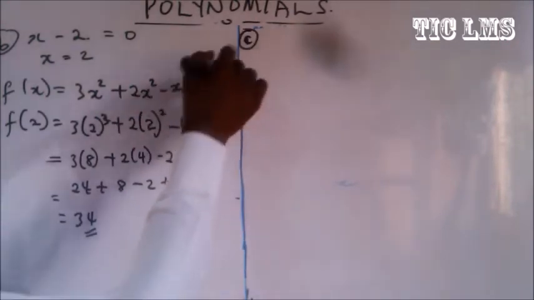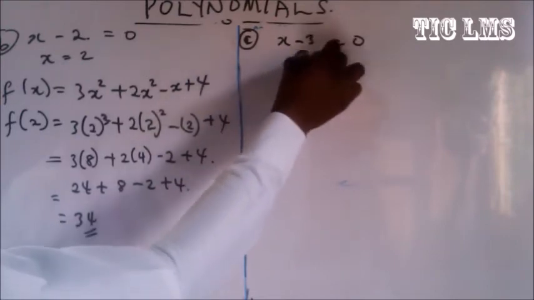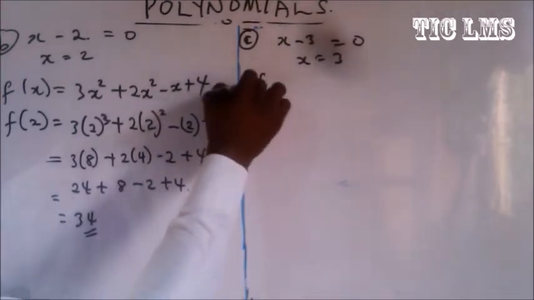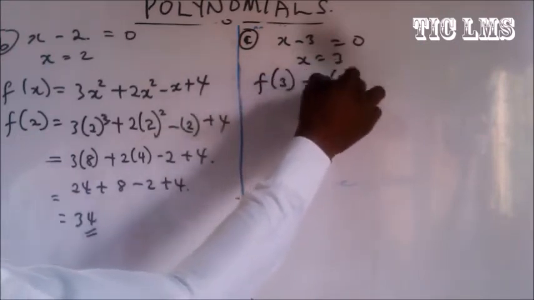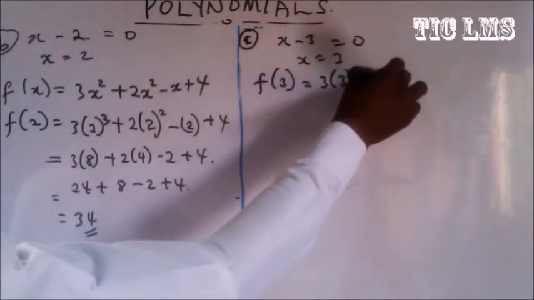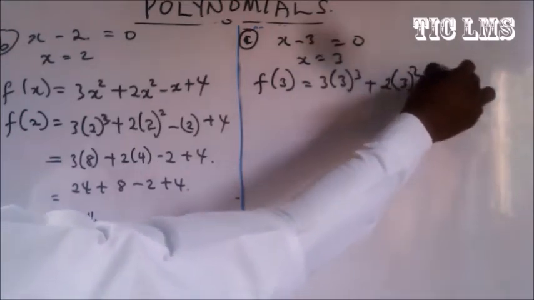And next, we have the third one, which is x minus 3. Now, equate it to 0, we have that x equal to 3. Hence, f of 3 equals 3 into brackets 3 cubed plus 2 into brackets 3 squared minus 3 plus 4.